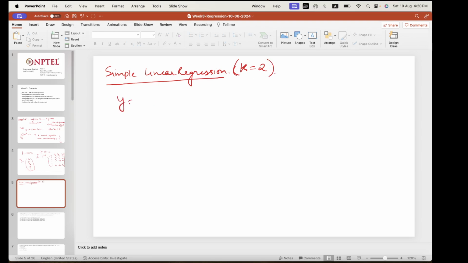We have beta naught plus beta 1 x1 plus epsilon, and we estimate beta naught hat and beta 1 hat, and we saw that they are unbiased estimators of their respective parameters, that is, expectation of beta naught hat equals beta naught and expectation of beta 1 hat equals beta 1.